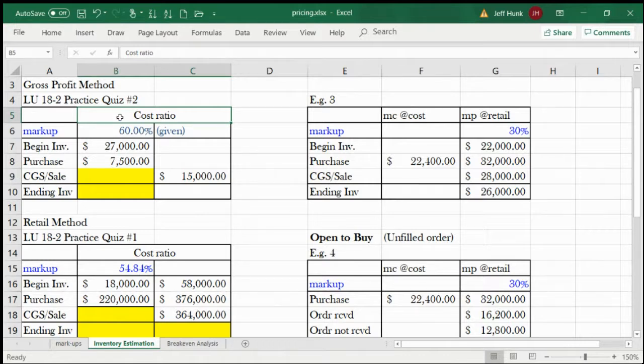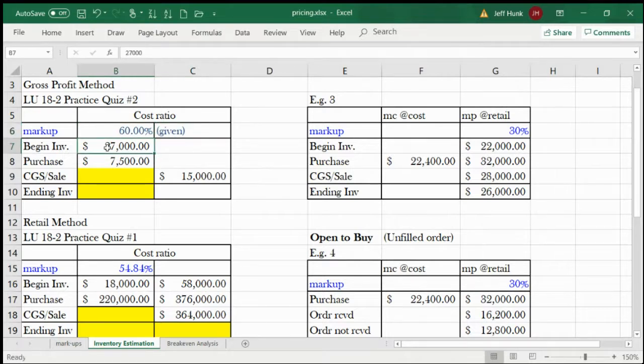So we're going to come back to this example as it is shown in the PowerPoint slide, but let's do it the way it is now, because this is how the examples and problems in the textbook are showing, right? So, okay, 60%, which is given, right?